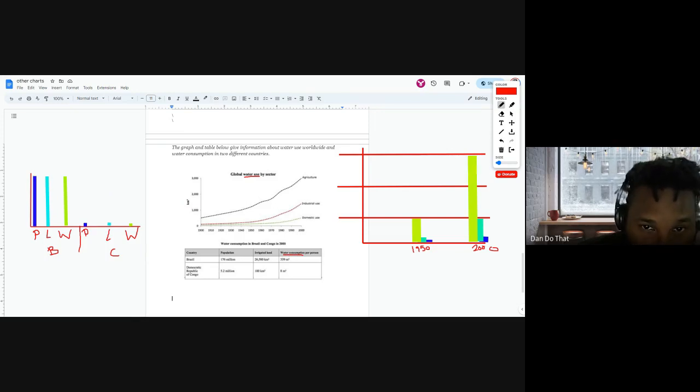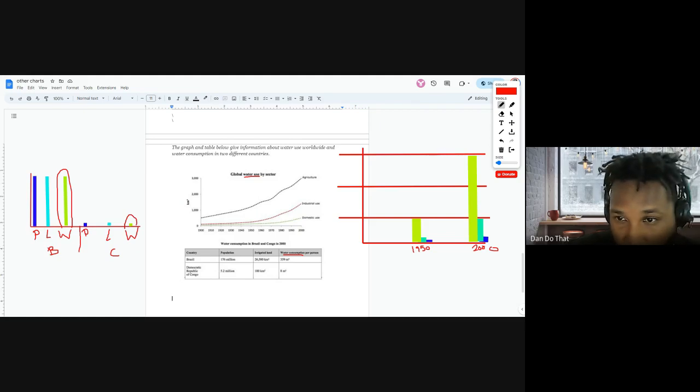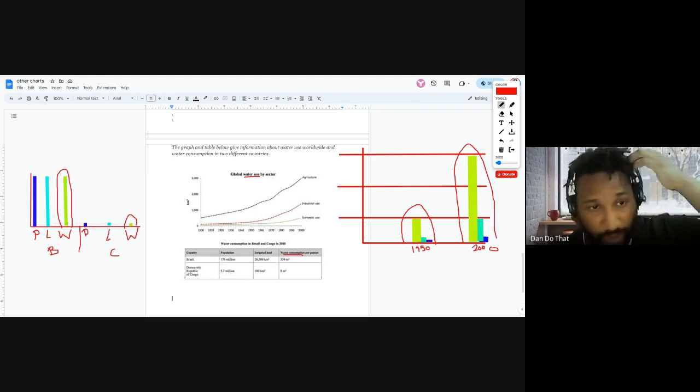So that's our connection. That's what we can compare. So we can compare our water use here with our water use here.